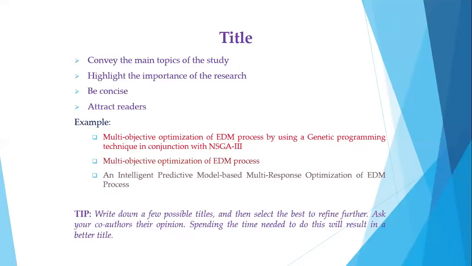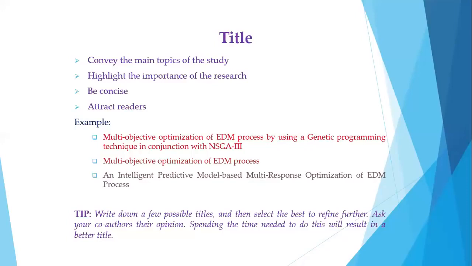If he finds the title interesting, then he will read the abstract, and if he finds the abstract interesting, then he will download the entire paper and read it. So that is why your title should convey the main topics that the study is based on. It should cover all the ideas that are there in the study.